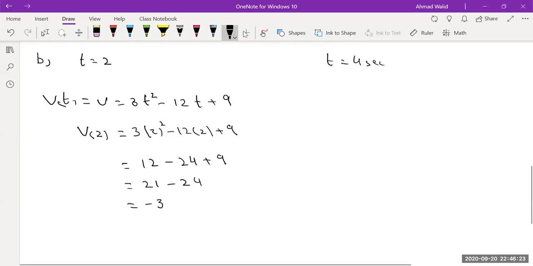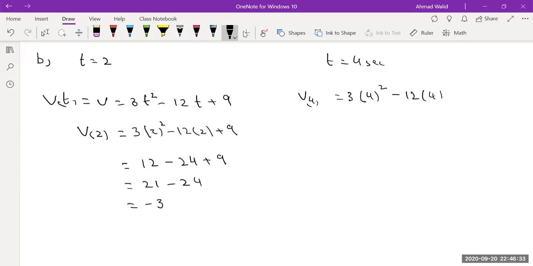Correct? After 4 seconds, v of 4 equals 3 times 4 squared minus 12 times 4 plus 9. Then v of 4 equals 4 squared is 16, 16 times 3 is 48, minus 4 times 12, which is 48, plus 9. v of 4 equals 9. Correct?